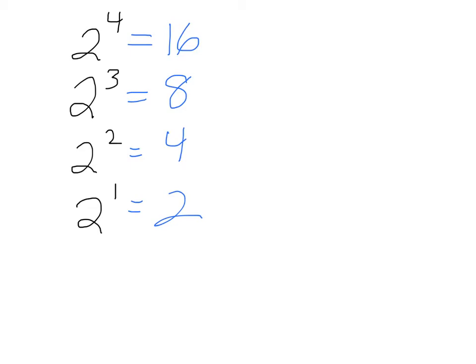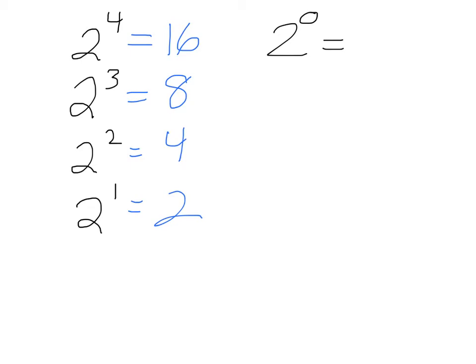In that case, if that is true, then if I asked you, what is 2 to the 0, what would you tell me? 1. I hear two different answers. How many people say 0? How many people say 1? It's about 50-50.